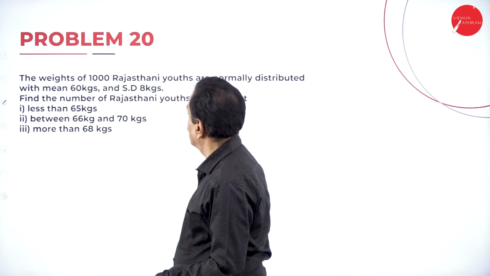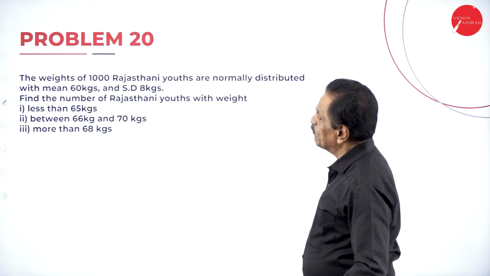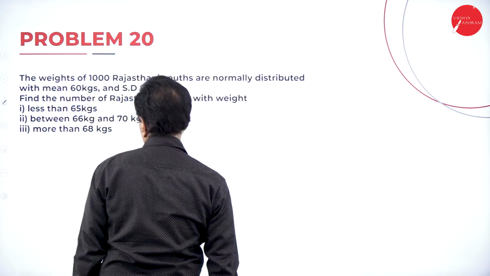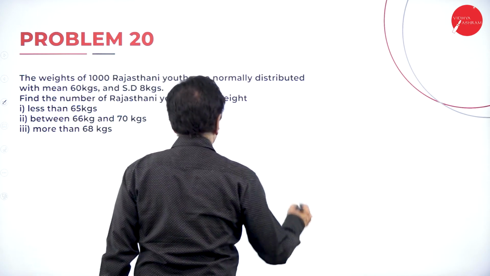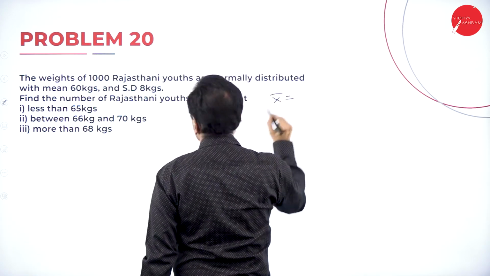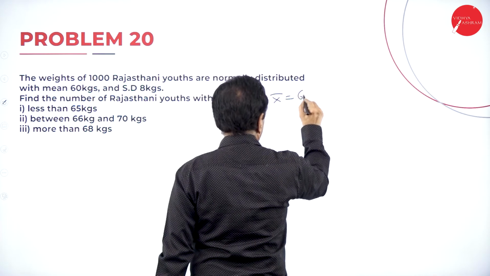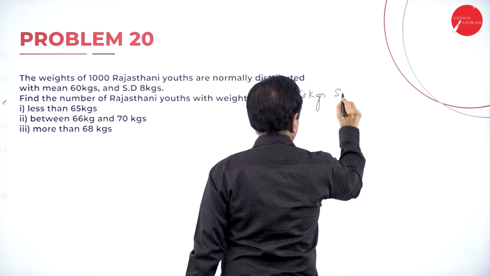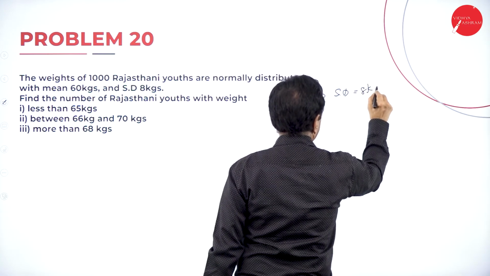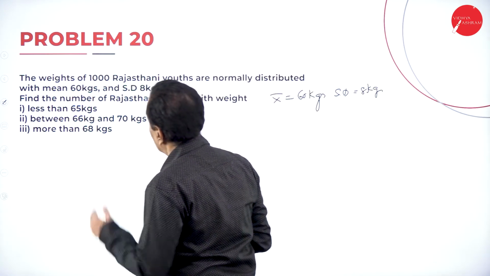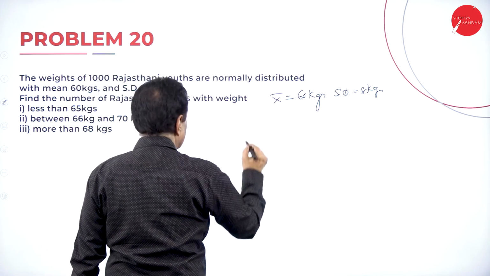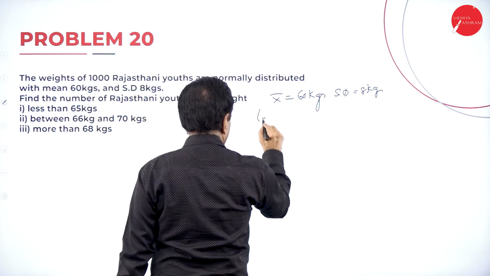The weights of 1,000 Rajasthani ewes are normally distributed with mean equal to 60 kgs and standard deviation 8 kgs. Find the number of Rajasthani ewes weighing less than 65 kgs.